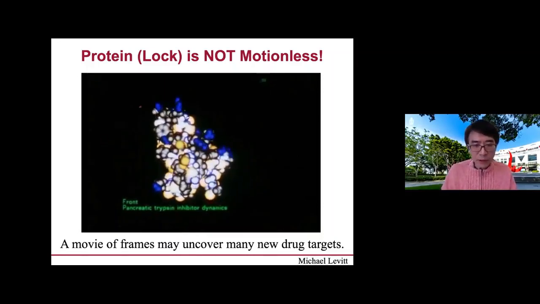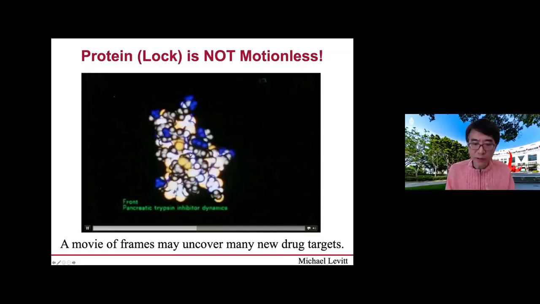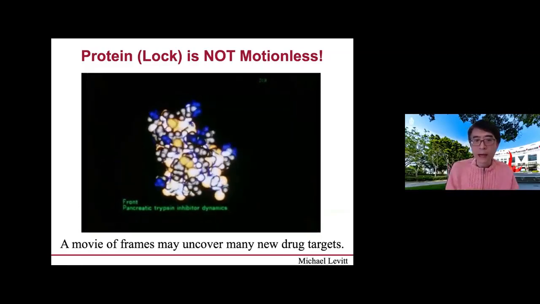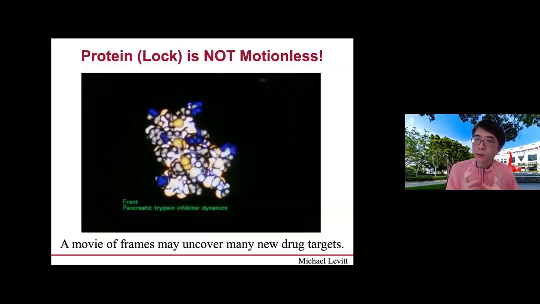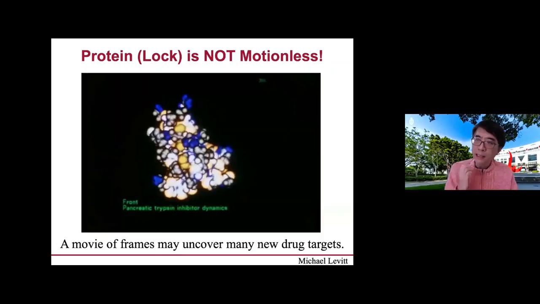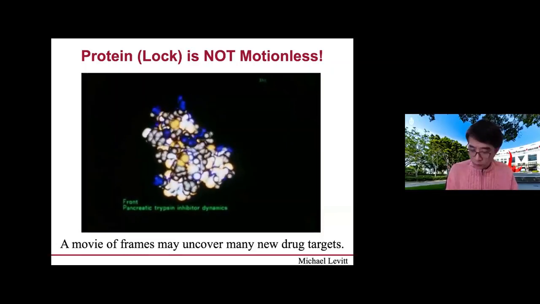And in this movie of the frames, each one of these frames may serve as a new protein structure to help us uncover new drug targets, right? So I think putting the motion of the protein into consideration of the drug discovery by in-silico design is a very promising approach to help the drug discovery.